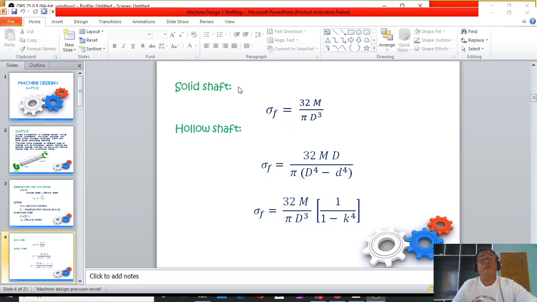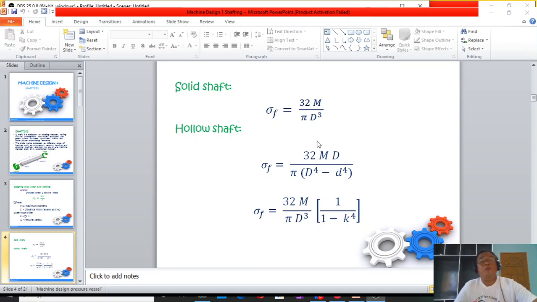So in order to derive this equation, class, I is the moment of inertia equal to pi D to the fourth over 64. Okay? And then substituting the values, of course, from the flexural stress, you will get an equation which is 32M over pi D cubed.